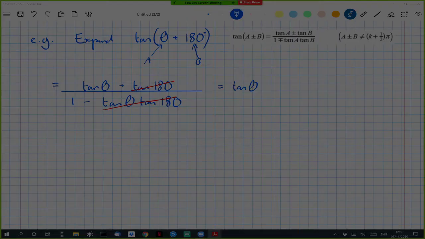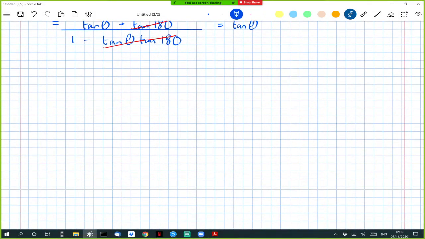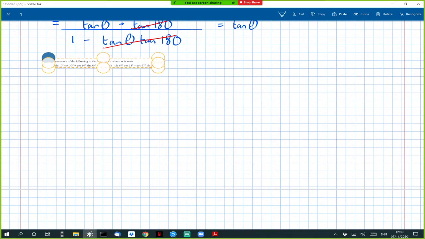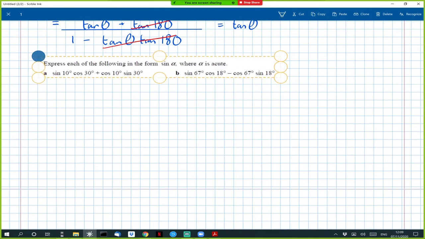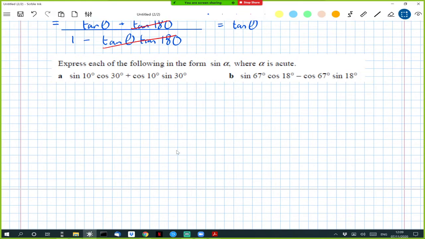So let's have a look at an example question that you might be asked using these formulae. It's saying express each of the following in the form sine alpha, where alpha is acute. So this time it's about working backwards.